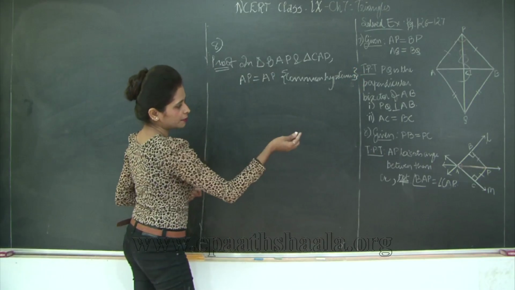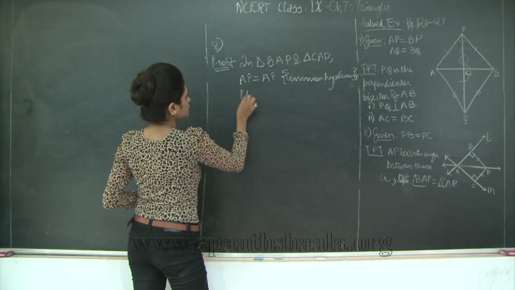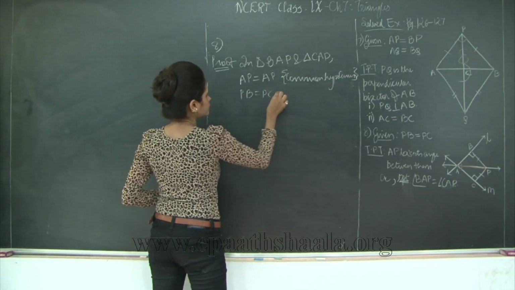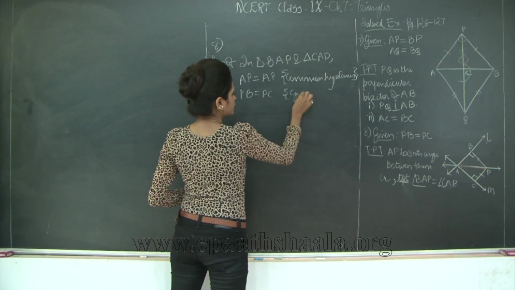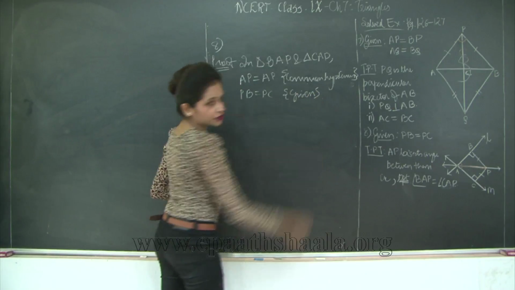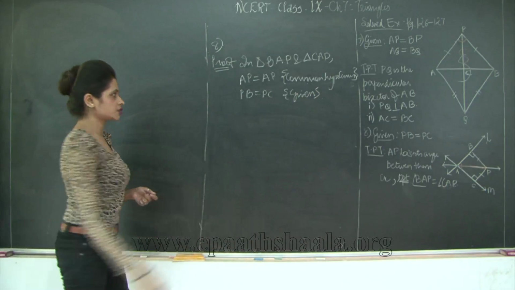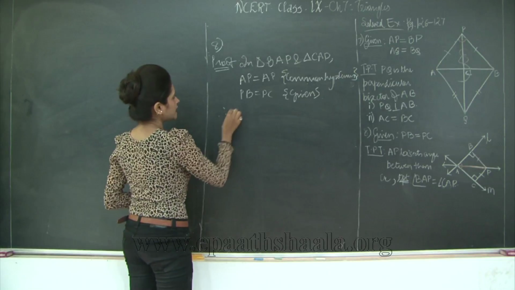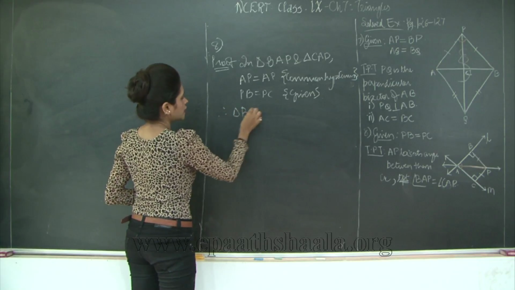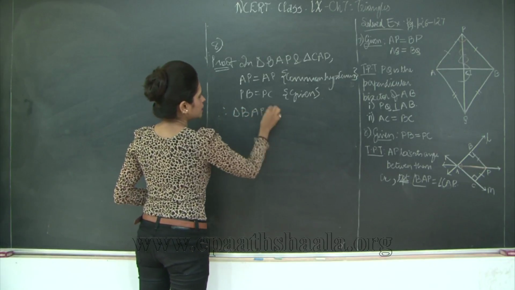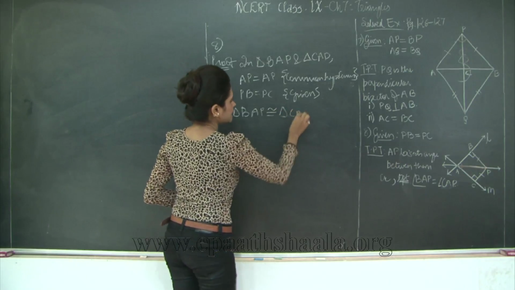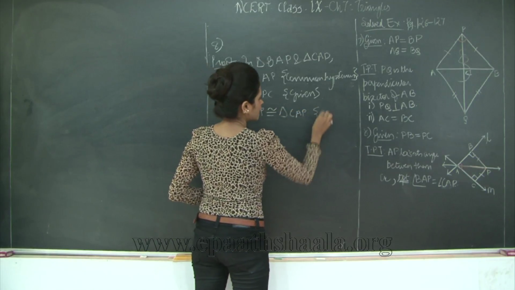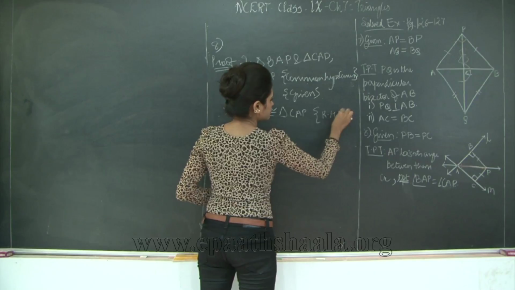That PB is equal to PC, which is given. Therefore, the two triangles are congruent by the RHS test of congruence. That is right angle hypotenuse test of congruence. Triangle BAP is congruent to triangle CAP, RHS test.